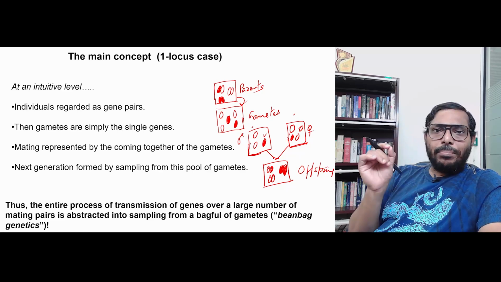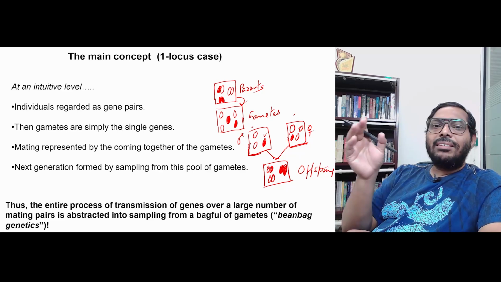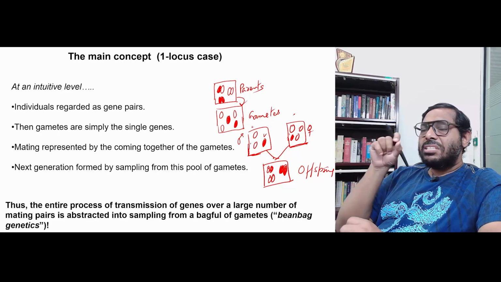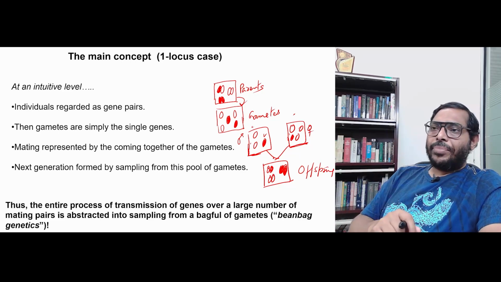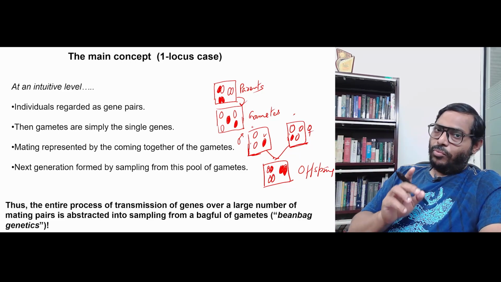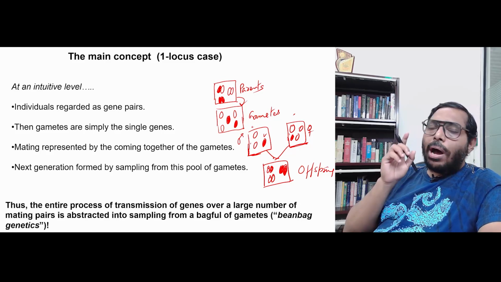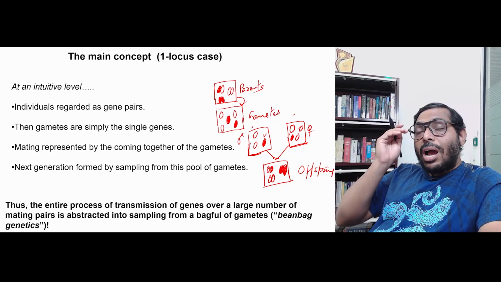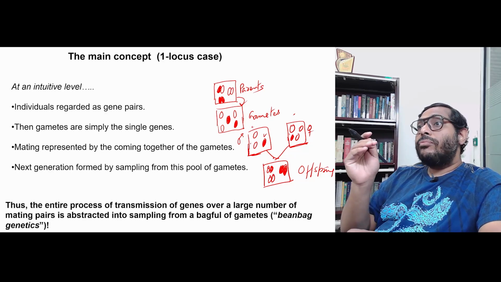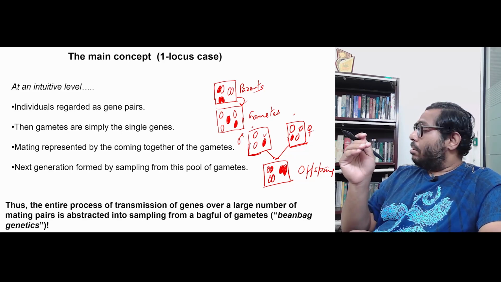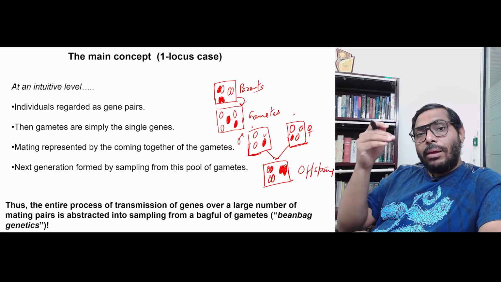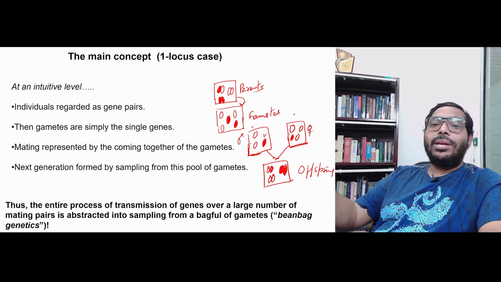That is why some people very derisively call population genetics beanbag genetics. It is simply sampling beans from a beanbag. But wait till you see how powerful this conceptualization is, and the kind of results that it leads to, which can then be tested both empirically in the lab and in the field.